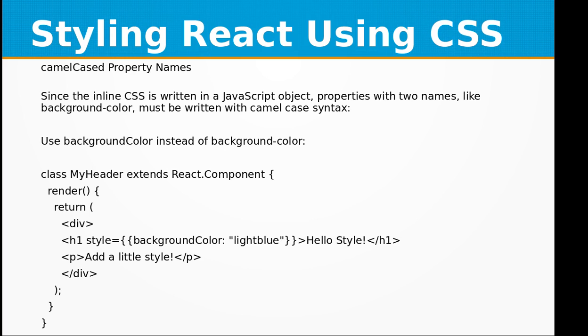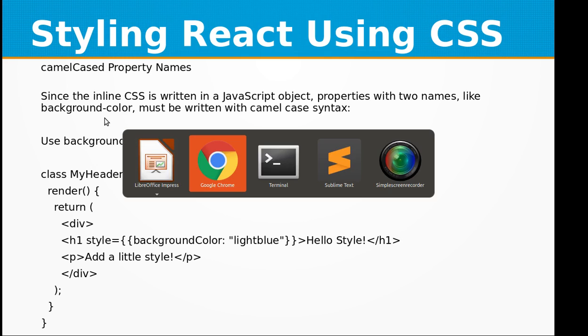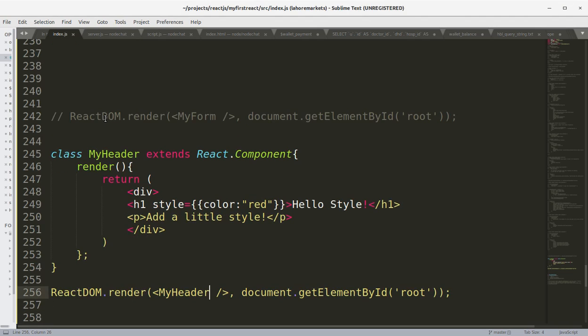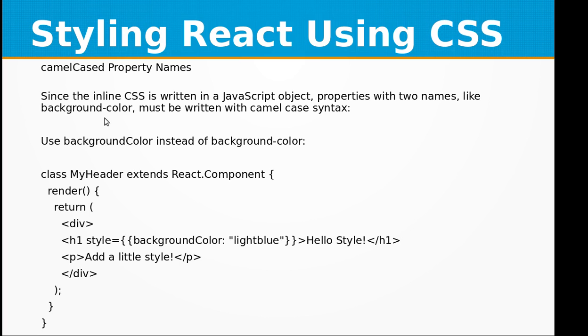Use backgroundColor instead of background-color. So if we are using a CSS property with two words, we need to use the camel cased syntax instead of the hyphen as in normal JavaScript.